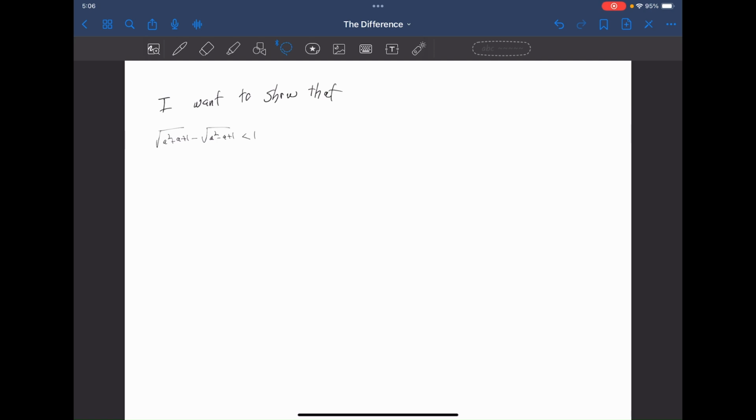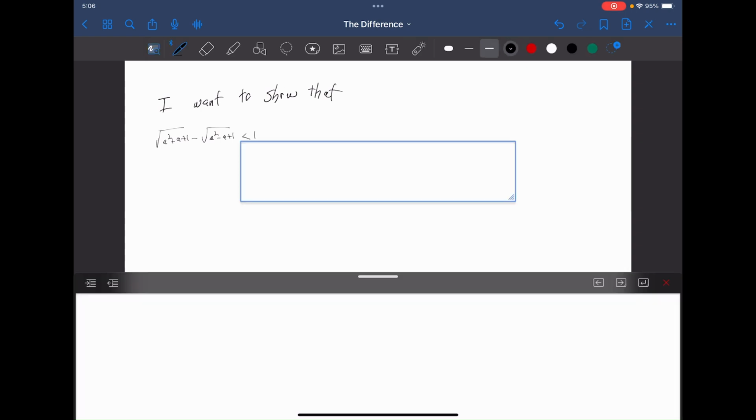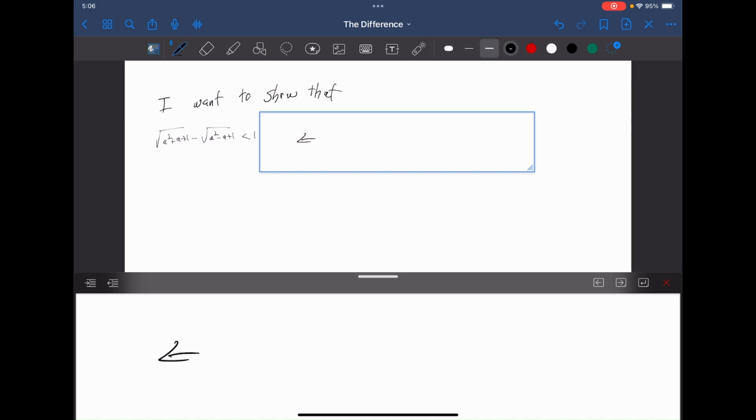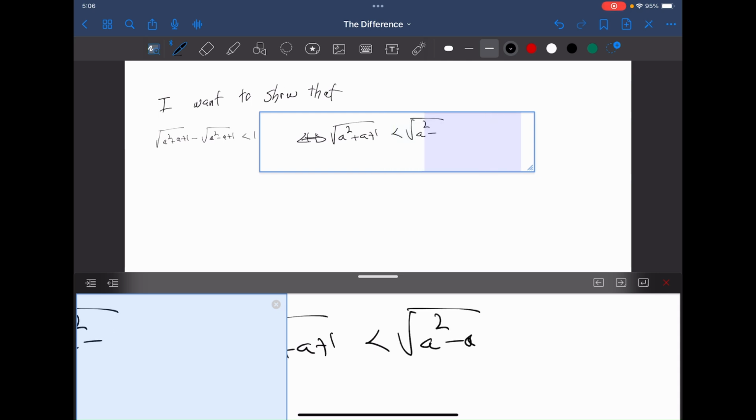Because otherwise the left-hand side would be negative, and there's no point in actually showing this. It would hold trivially. And so this holds if and only if root of a squared plus a plus 1 is less than root of a squared minus a plus 1 plus 1.